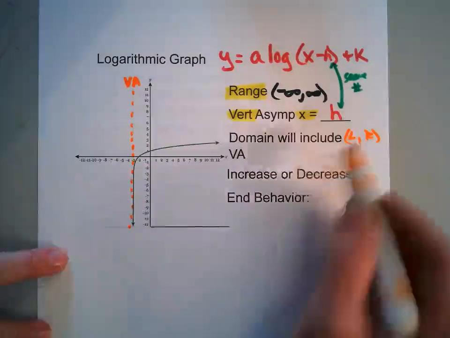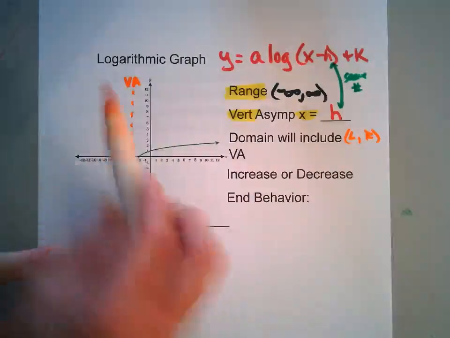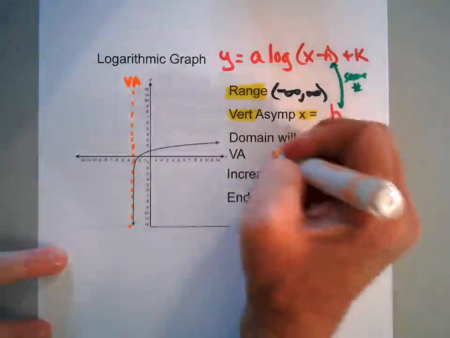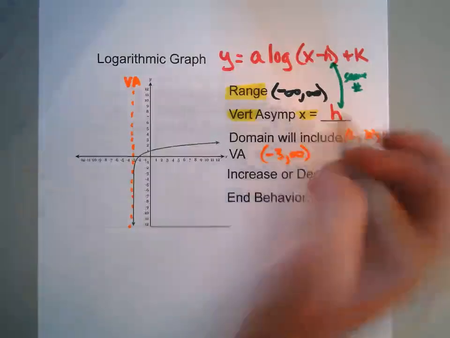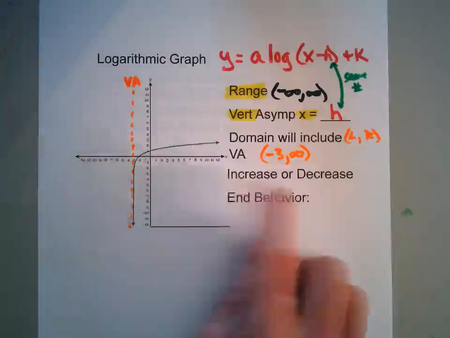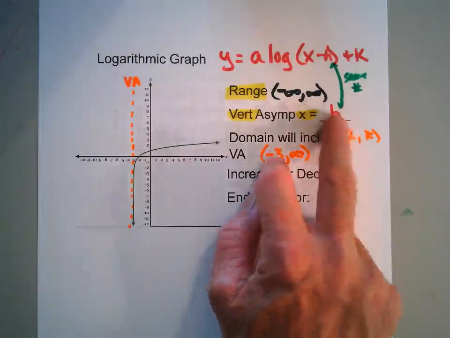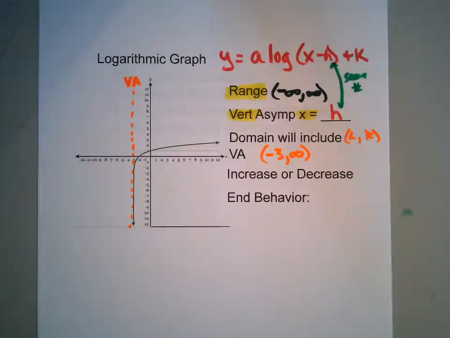When we go left to right, how far left does this graph go? It stops right there. It doesn't go any further. That value is -3, and it goes to infinity. When you get to the drop-down menu for the domain, look for that vertical asymptote number to match up with the number in the domain option.